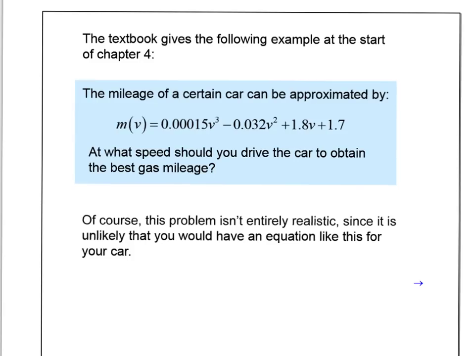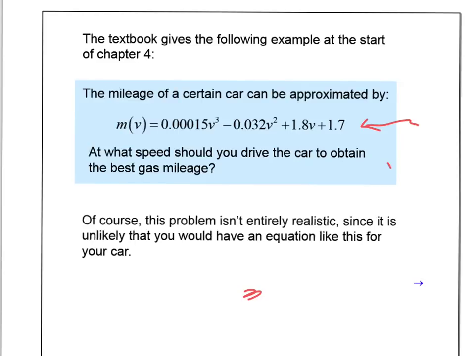So I'm going to start with a story problem to kind of show you the ending place we need to get to. And the textbook gives the following example at the start of chapter 4. Mileage of a certain car can be approximated by this function. So don't forget, a lot of times you're used to position and velocity and acceleration over time.